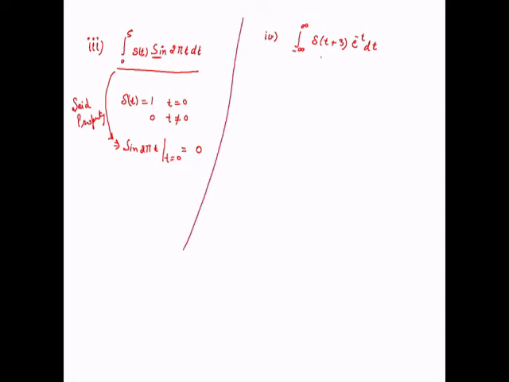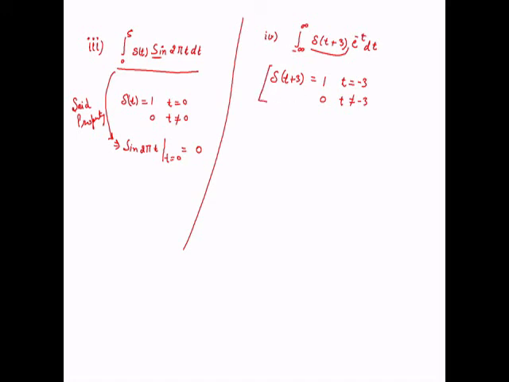Another one is we are having this equation, so we have to define this signal. So this is delta t plus 3, which is equal to 1 when t is equal to minus 3, and it is 0 when t is not equal to minus 3. So this is the representation of delta t plus 3.